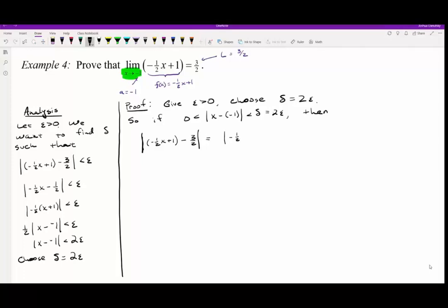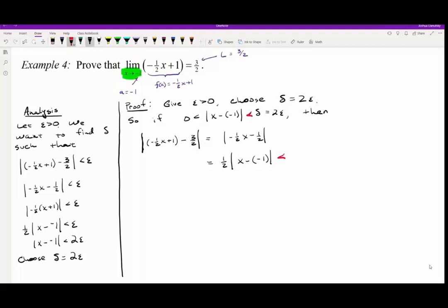So we have negative 1/2 x minus 1/2. Factoring out the negative 1/2, it becomes a positive 1/2 on the outside of the absolute values. And again, I'm going to write x minus negative 1, so that's the distance between negative 1 and x. And now we're going to get the inequality with our delta, right?